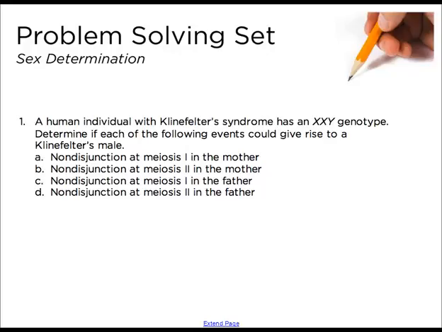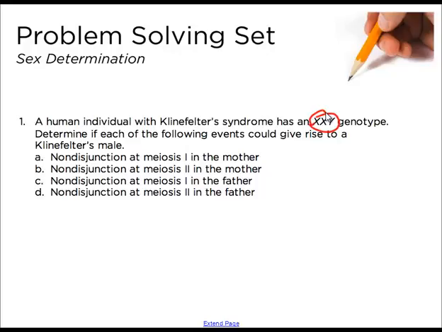So I think what's important to realize before we start this one is that in the case of Klinefelter syndrome, XXY is basically the definition, so that makes sense. But the problem could lie, in theory, in gamete production in the mother or in the father.